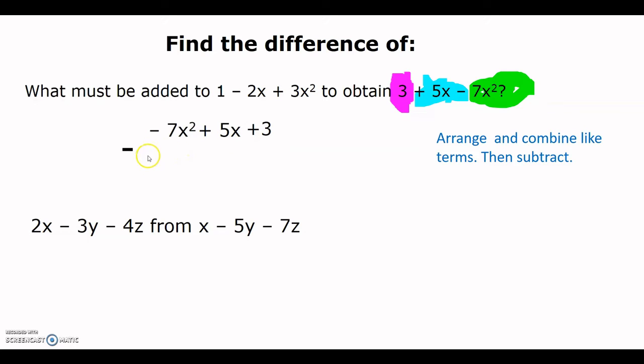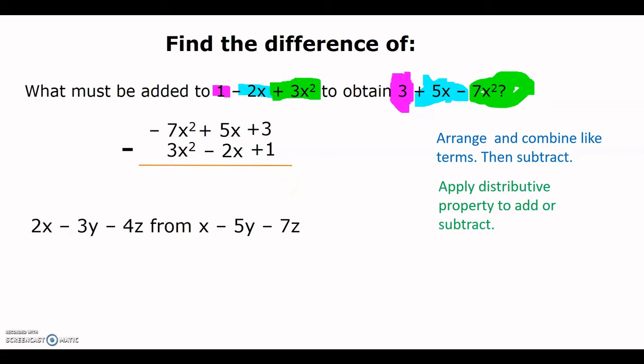So we have positive 3x squared, and then negative 2x, and plus 1. And then we will subtract. As you see, I already combined like terms. So we have 7x squared, 3x squared, 5x, 2x, and 3 and 1.